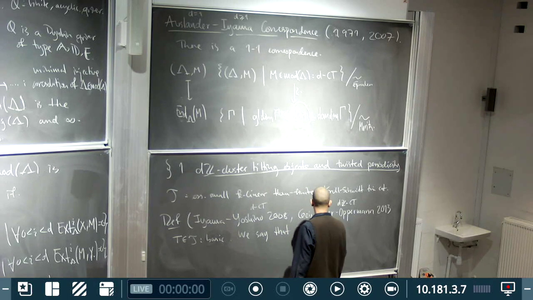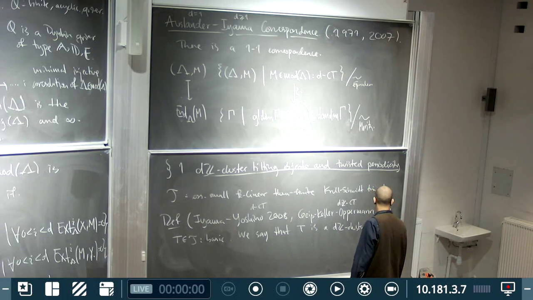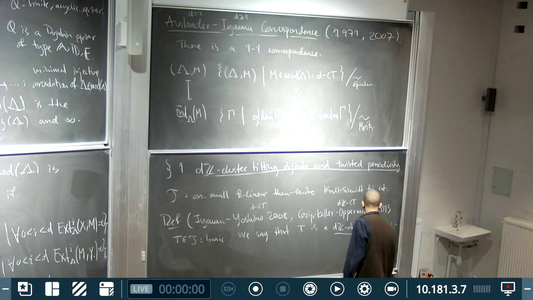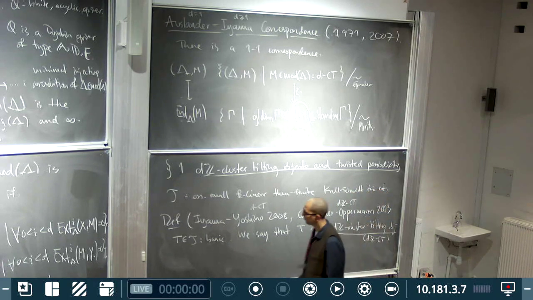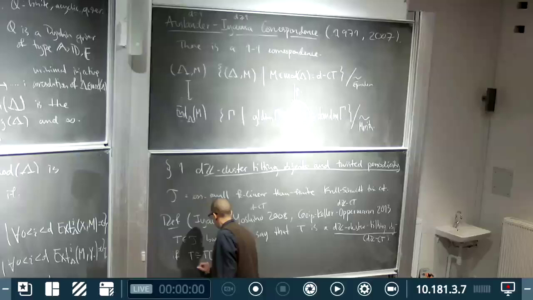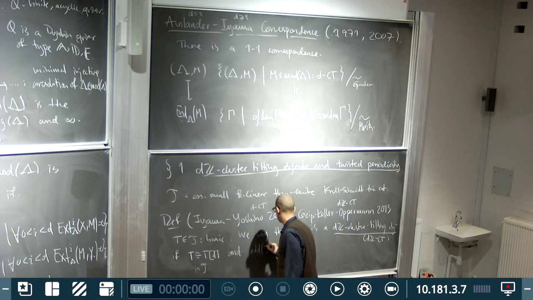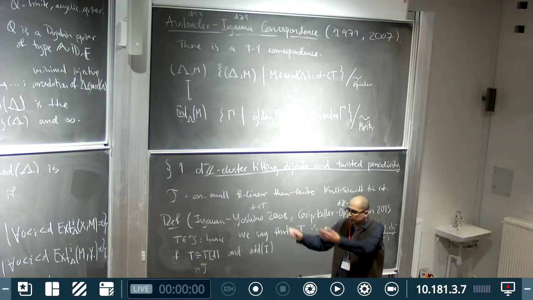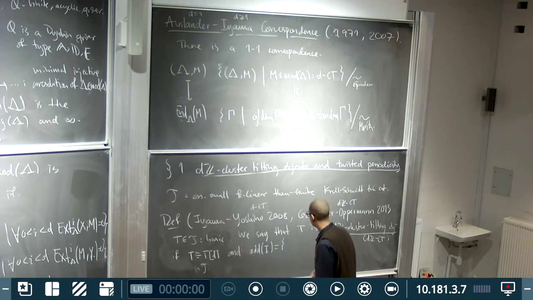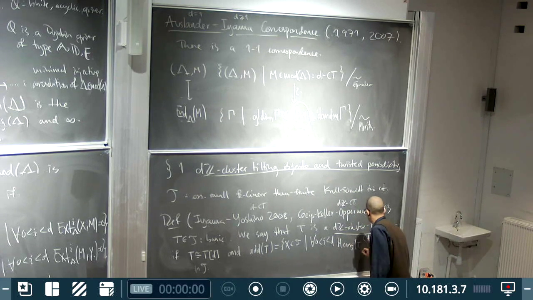that T is a d-Z-cluster tilting object, abbreviated dZCT, if T is isomorphic to its d-th shift, of course in the triangulated category T, and the additive closure of T satisfies the same definition as before.